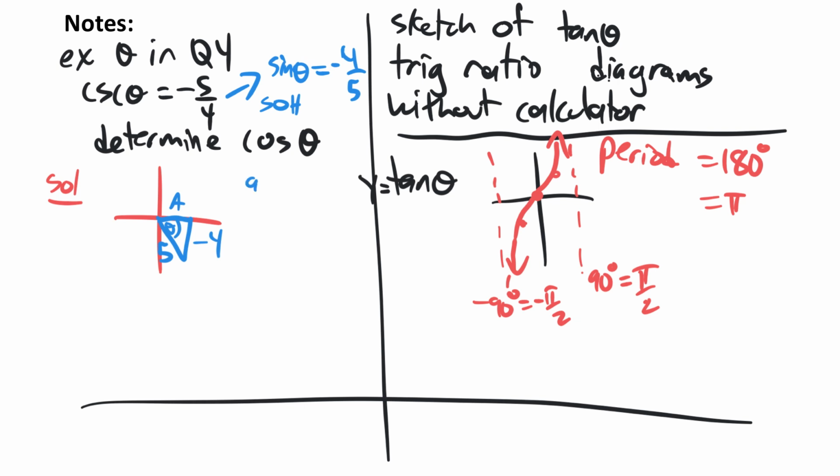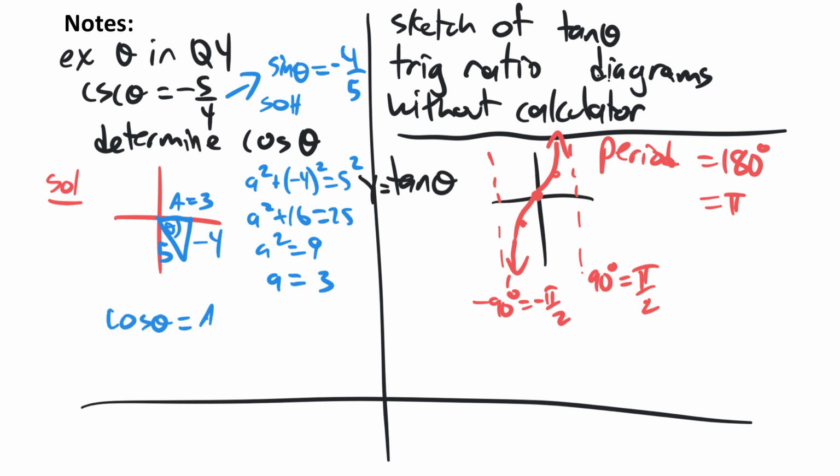Here's our theta. To find adjacent, we use Pythagoras. So a squared plus negative 4 squared equals 5 squared. A squared plus 16 equals 25. a squared equals 9, a equals 3. It's going to be a positive 3 because we're going to the right. So cos of theta, which is equal to adjacent over hypotenuse, is going to be 3 over 5.